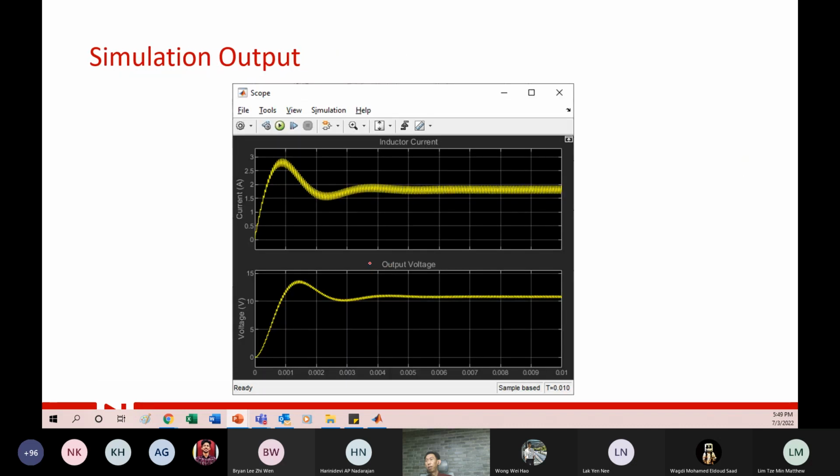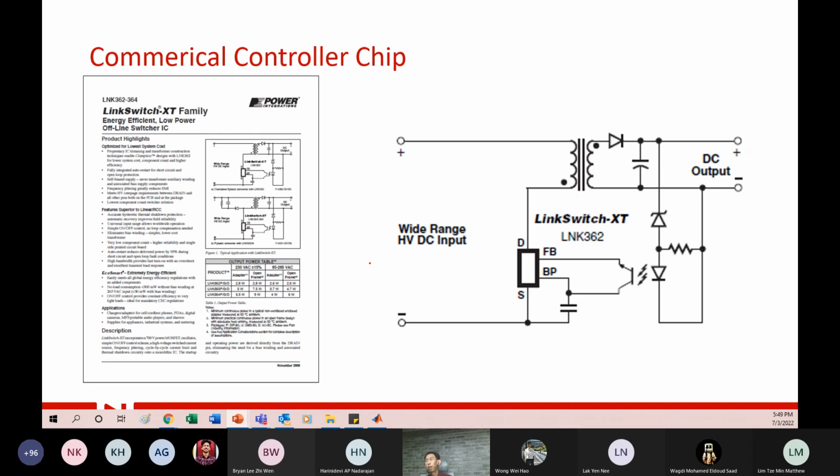Now, like I said, even for commercial power supplies, they already have the chip that can help you do that. What you need to do is just buy this coupled inductor and build the power supply. This is how our power supplies are designed.